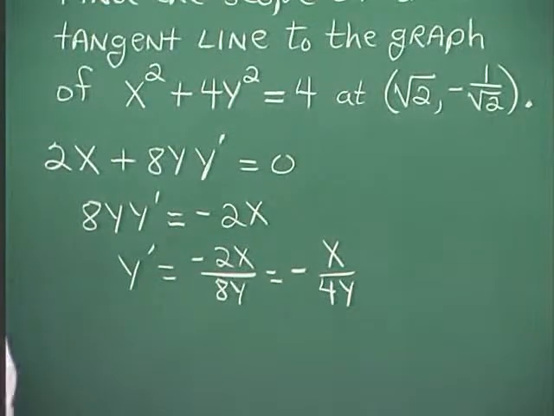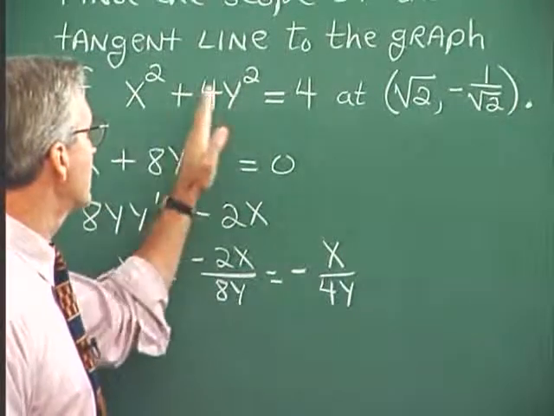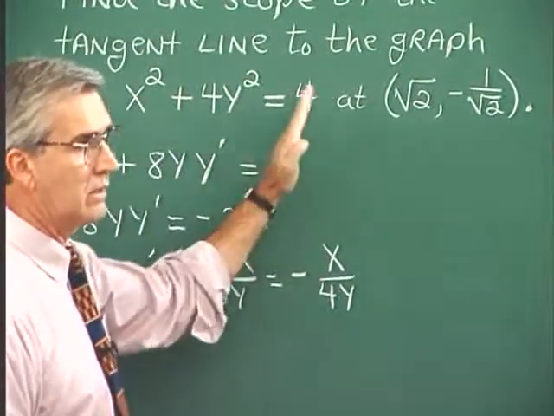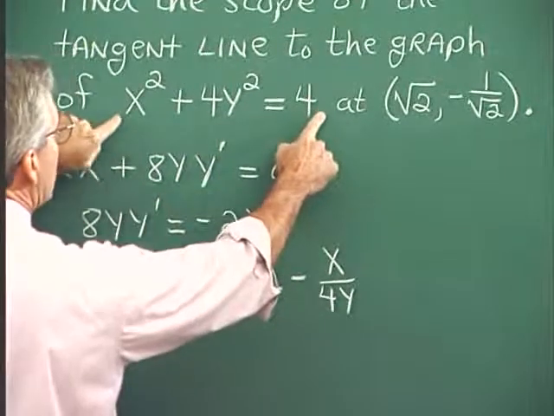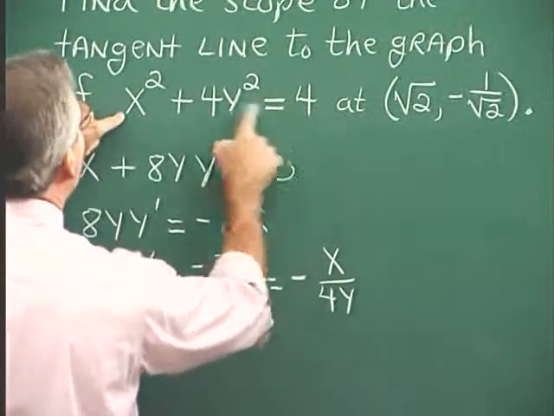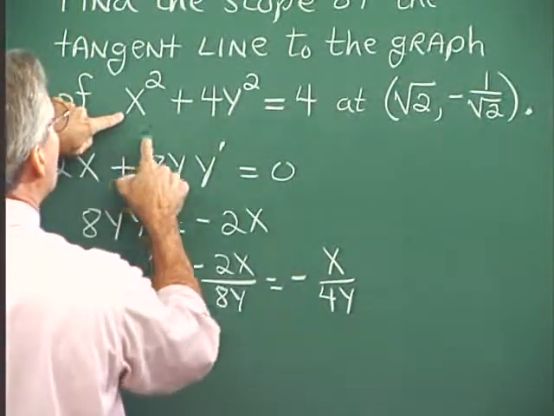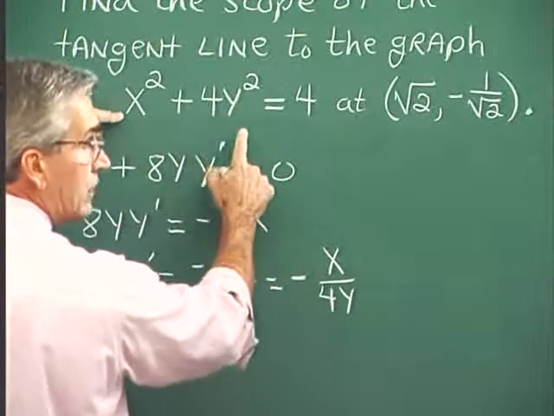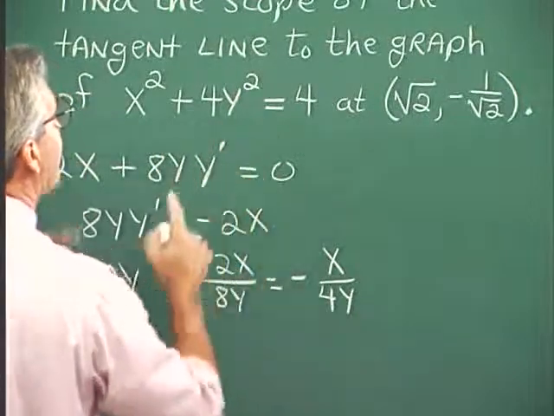Now, for this particular point, and incidentally, the graph of this is an ellipse. You can see that the equation takes the form of the ellipse when you divide through by 4. You see, we would have x squared over 4 plus y squared over 1 equals 1, and we're accustomed to dealing with that very quickly.